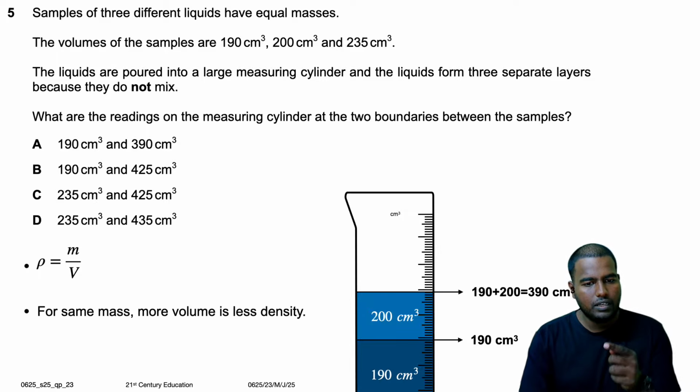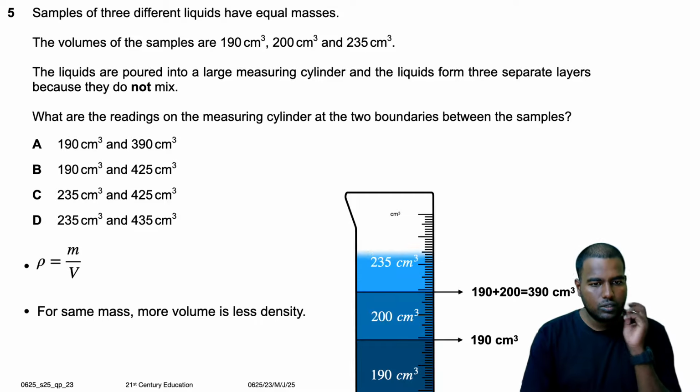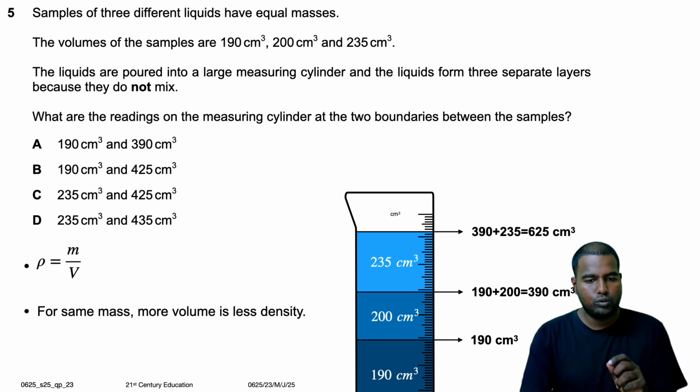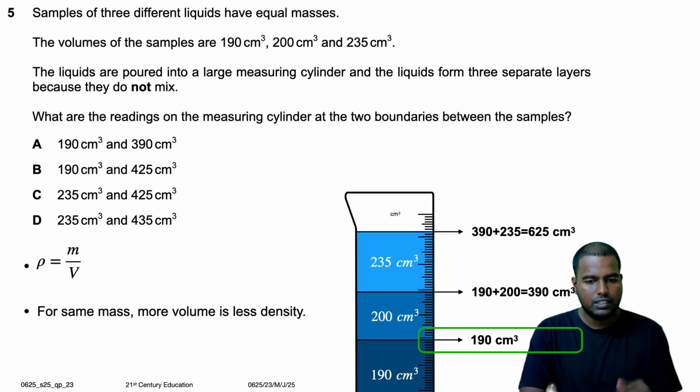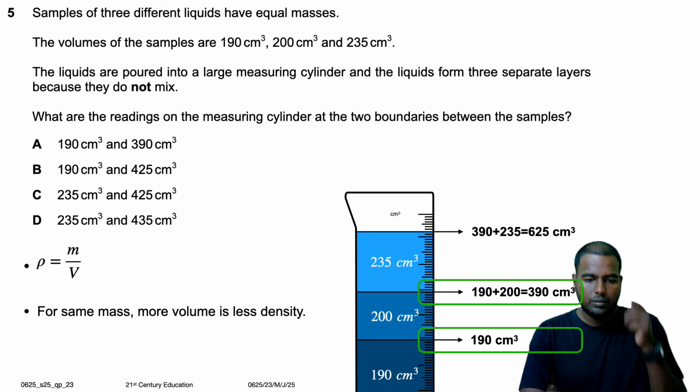Now the boundary will be 190 plus 200, so 390 centimeter cube. The third is 235 centimeter cube, same mass, so it's the least dense of all. So it's going to float. Now they are asking for 2 boundaries. This is one boundary between the first liquid and second liquid. This is another boundary between second liquid and third liquid. So it's 190 centimeter cube and 390 centimeter cube.